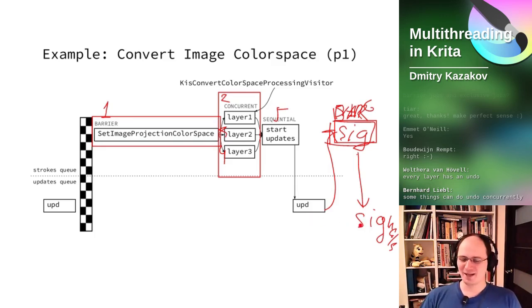It means that when the user presses Ctrl-Z, first we will emit signal that image has changed the color space. Then we will mark all layers as dirty and start updates. Then we actually start converting pixels, and then we actually change metadata.